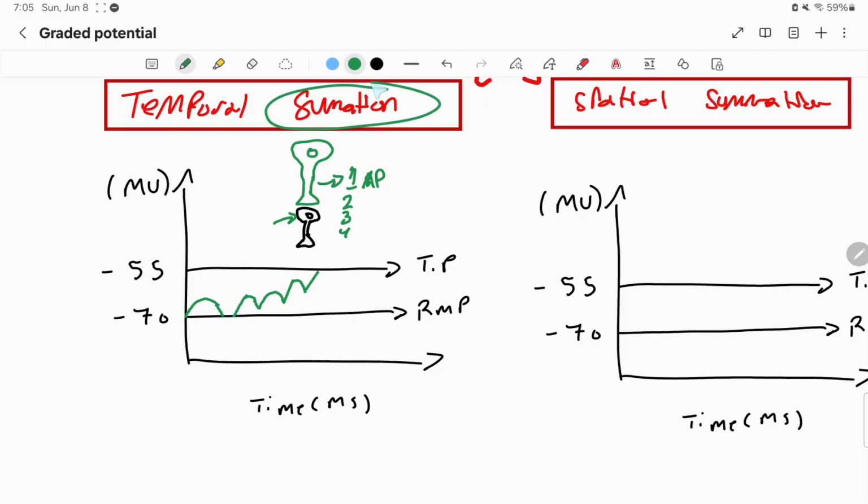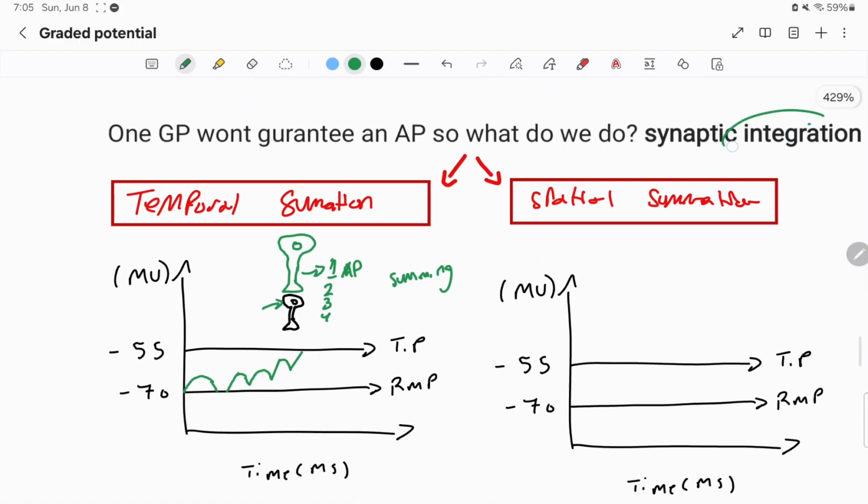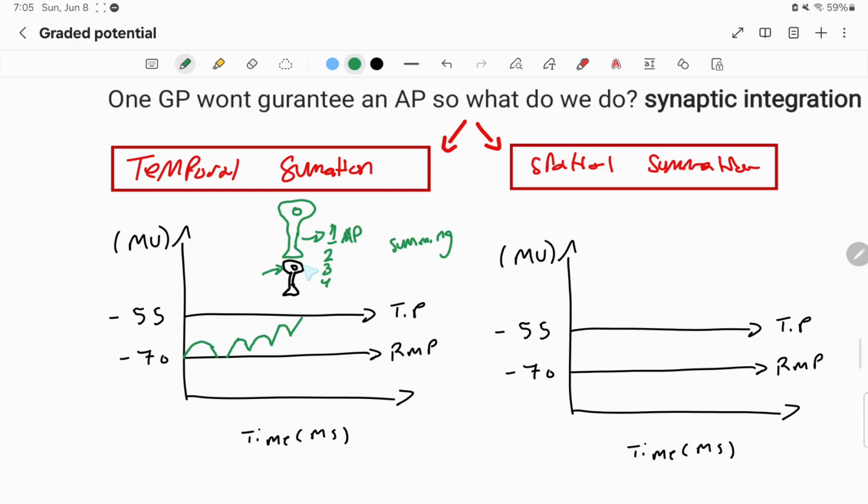We are summing up all of the graded potentials caused together. We are integrating all of those positive charges brought about by the binding of the neurotransmitters to their respective ligand-gated channels on the postsynaptic membrane, coming in from those EPSPs, and that's called temporal summation.